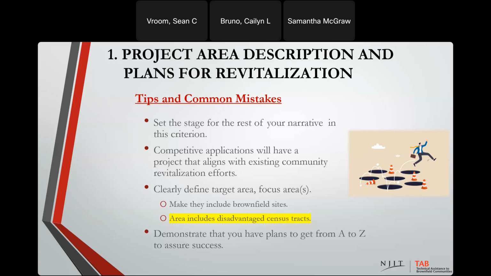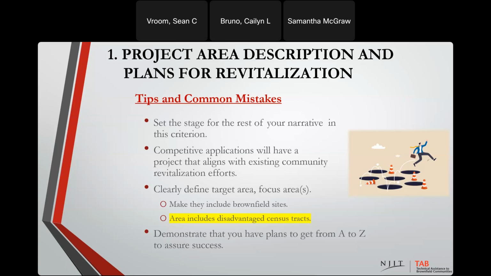So you want to make sure that all the planning that's being done, has been done, or is going to be done is consistent with the project or projects or sites that you're moving forward in this application. There has to be a correlation between the two.